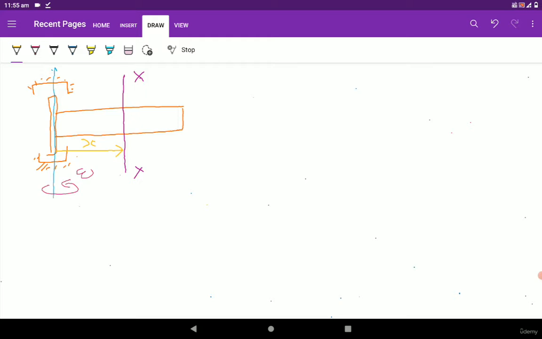So this is small x, and the full length is capital L, and this remaining length will be L minus x.